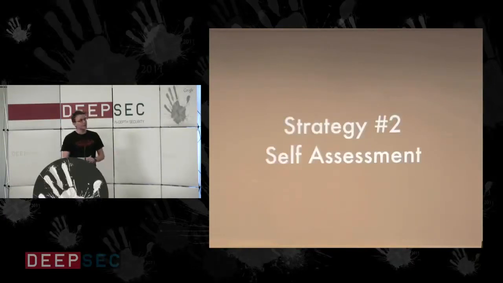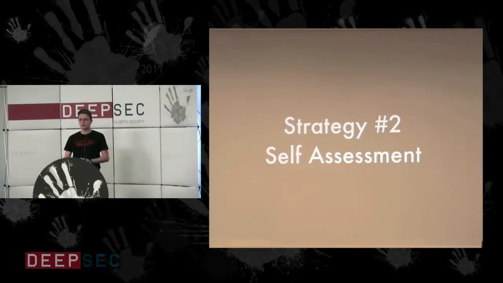So our second strategy was self-assessments. We had to look after the compliance level of our company. And strategy one was doing interviews. The literature normally says do interviews, go to every asset owner or custodian and ask him about the compliance level of his asset.